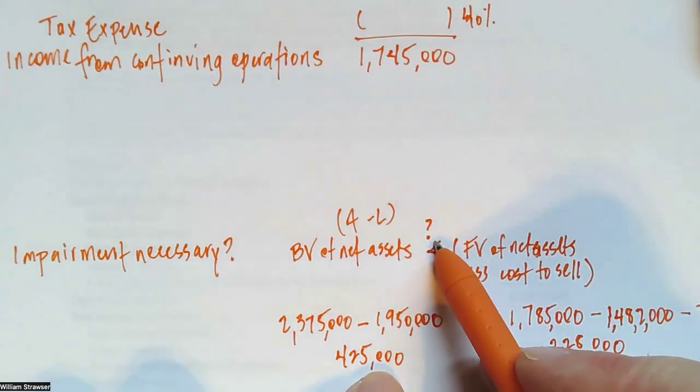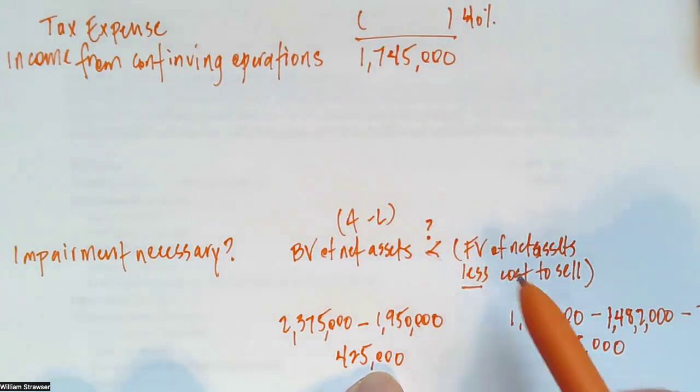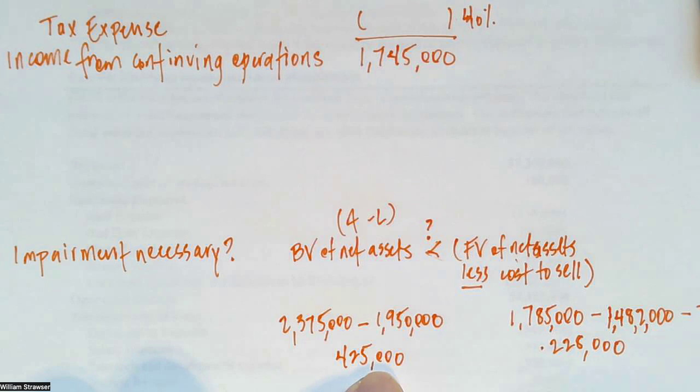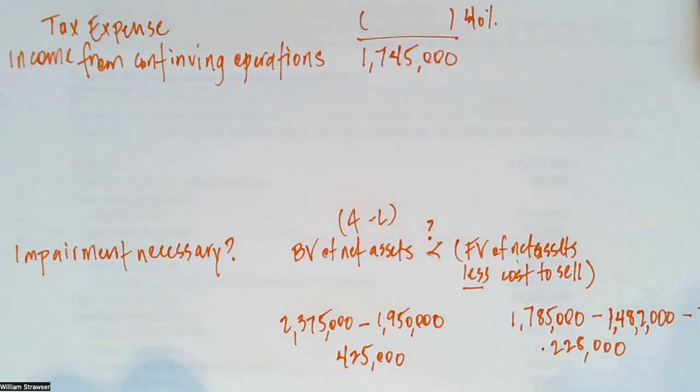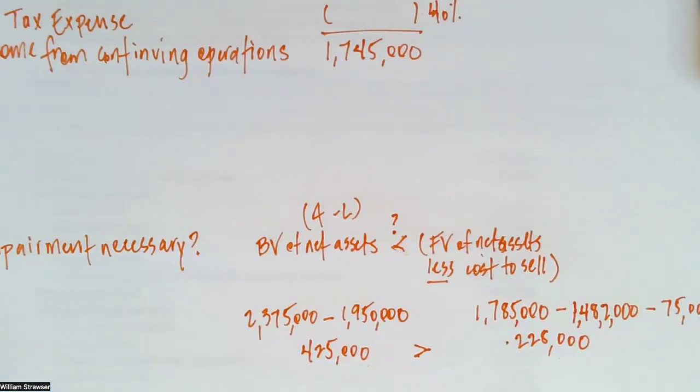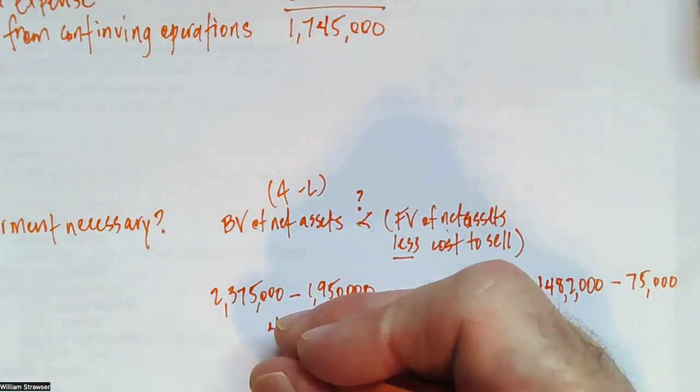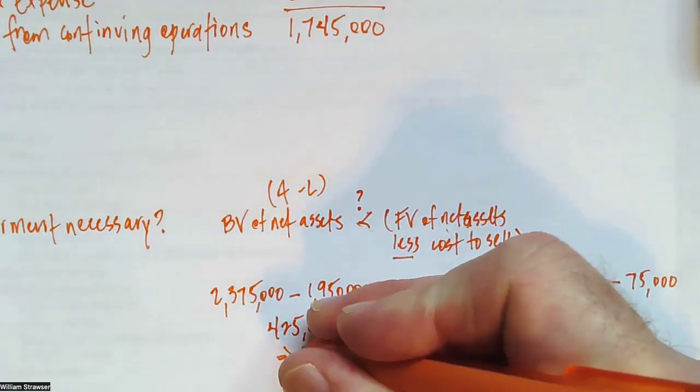So if the book value of net assets is less than the fair value of net assets, then that means that we're okay. Because what we do not want to happen is that book value overstates what I could eventually sell this for. So since book value is greater than the amount of fair value of net assets less the cost to sell, this means that we have to apply impairment.